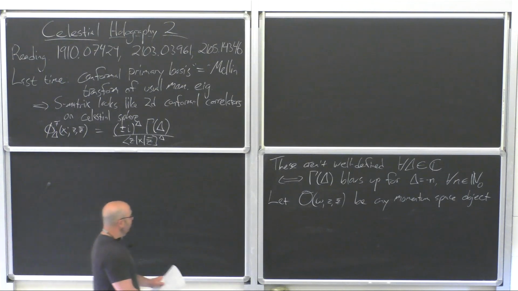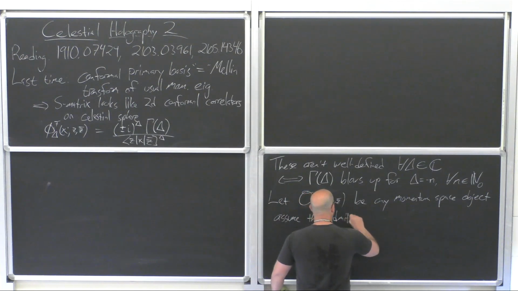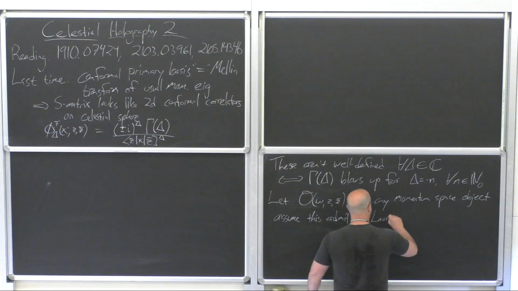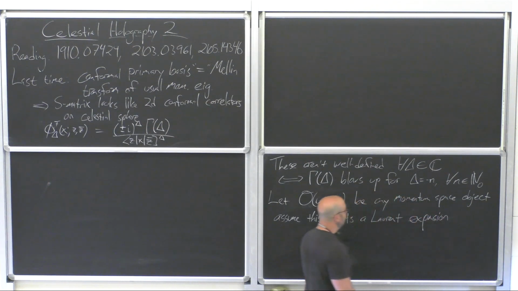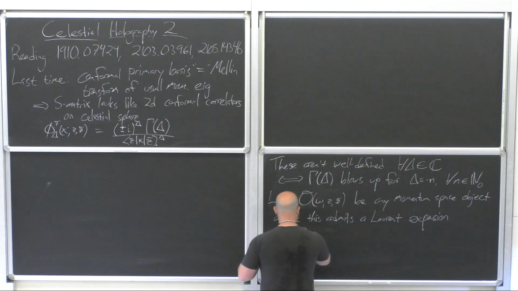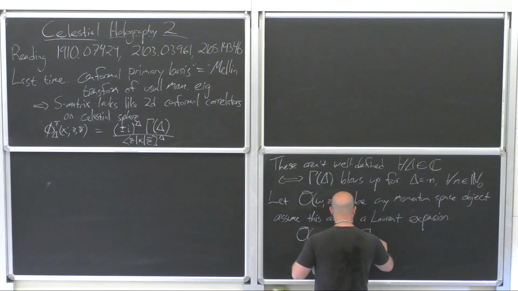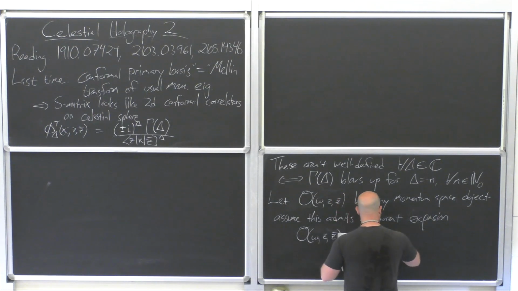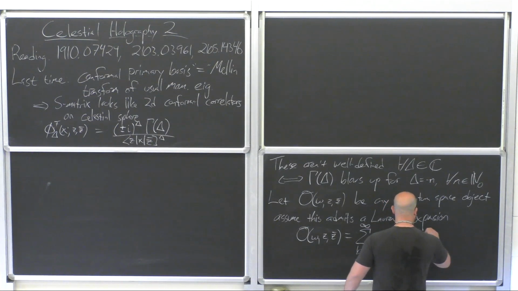So if we assume that this quantity admits a Laurent expansion in frequency of the form some sum, say from k equals minus n max up to infinity, omega to the k, curly O k of z bar.